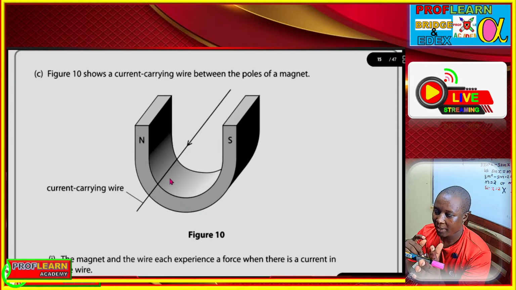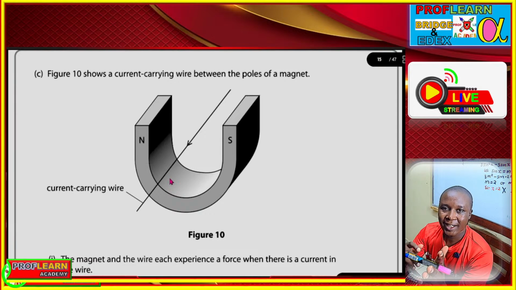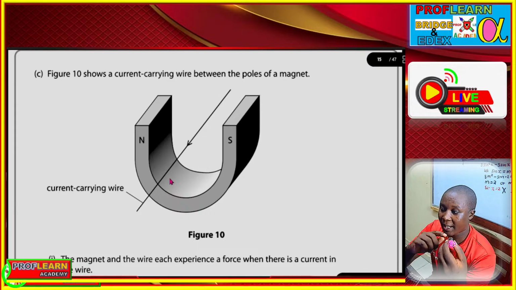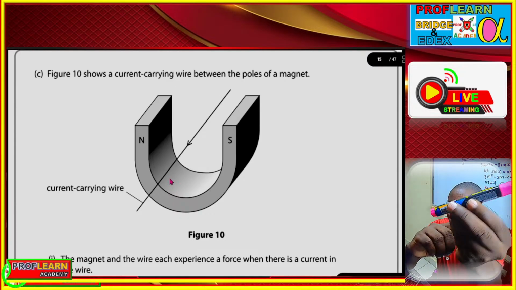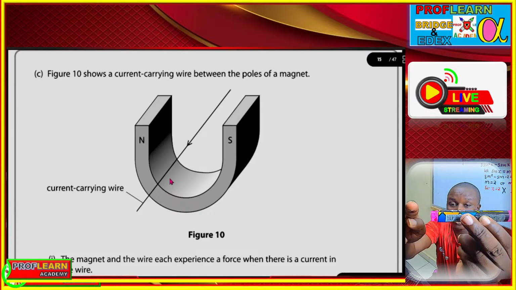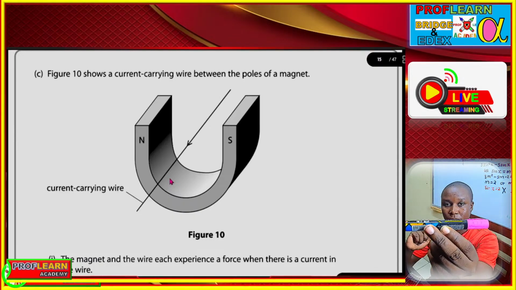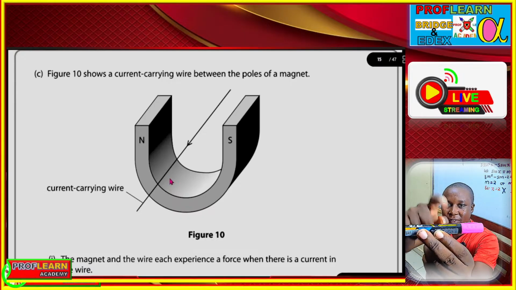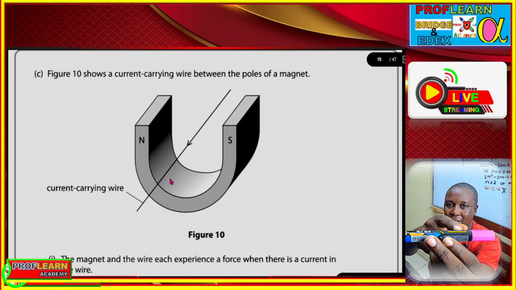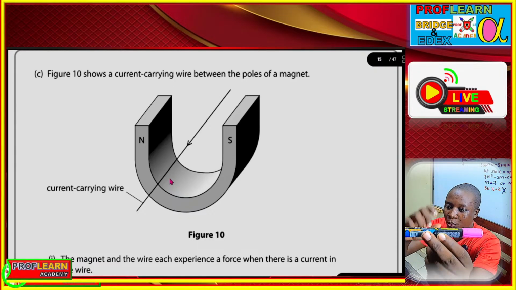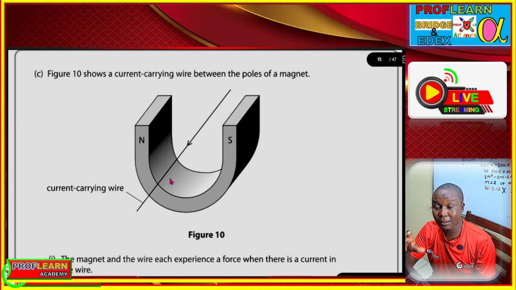what is going to happen is that when current flows through any conductor, around this conductor there will be magnetic fields, and the magnetic fields due to the flowing current in this conductor will interact with the magnetic fields of the permanent magnet that we are having here.